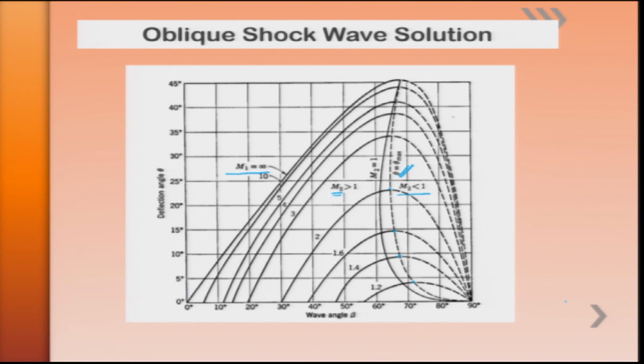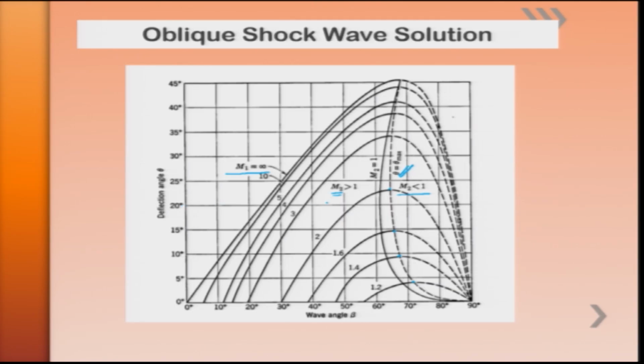Now, another useful piece of information we can see is for a given deflection angle, which is generally mentioned in the problem, and a given upstream Mach number. We can obtain directly from this graph what my theta maximum is, which is the maximum possible deflection angle for a given upstream Mach number.